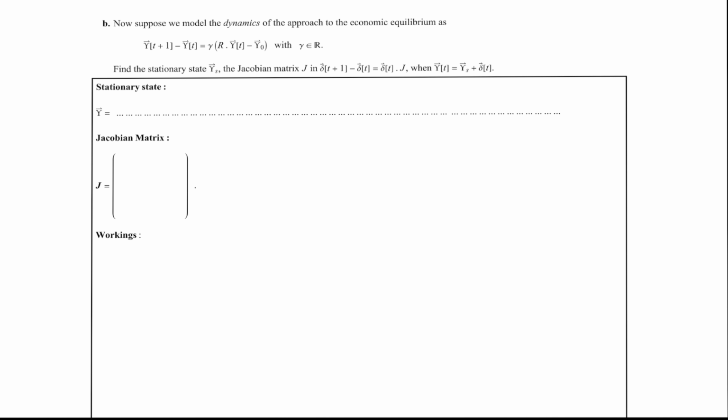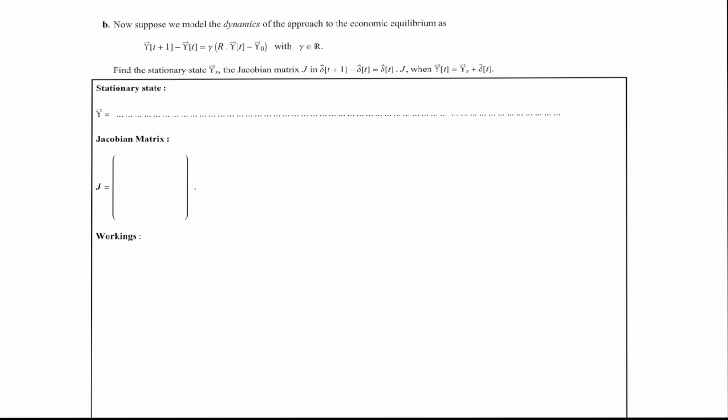Find the stationary state, the Jacobian matrix J, in this difference equation when the vector y t is equal to the vector y s plus delta t, the vector delta t.